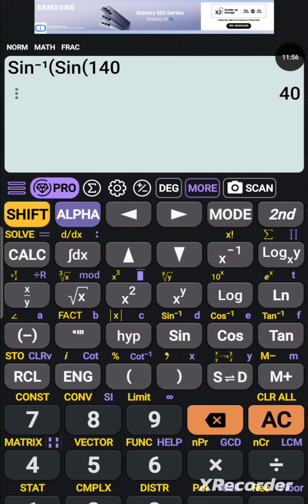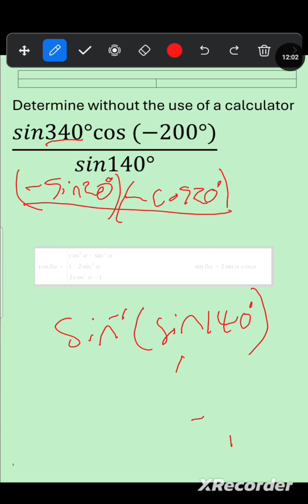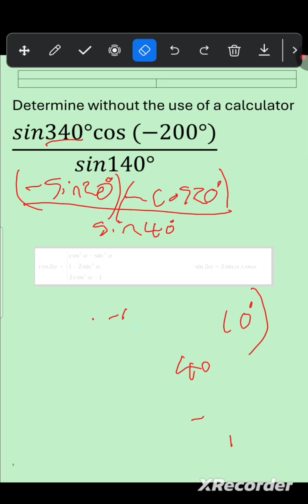You get positive 40. So meaning now this is sine 40 degrees. And it is positive because the answer that we got from the calculator is positive.